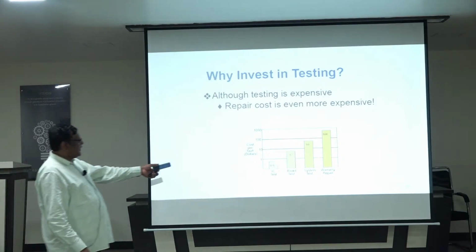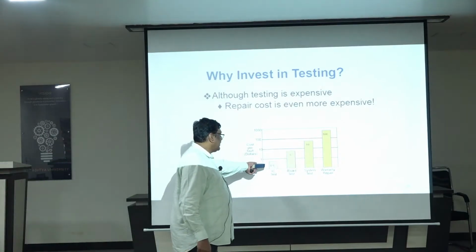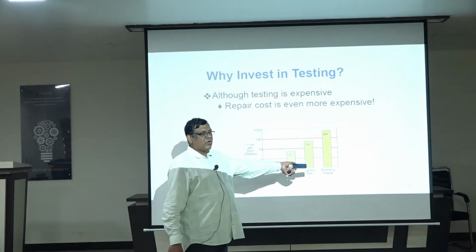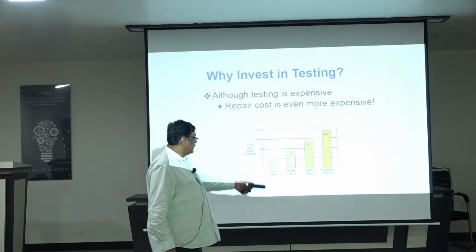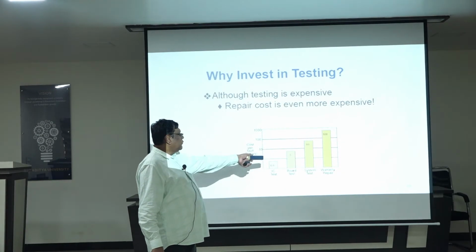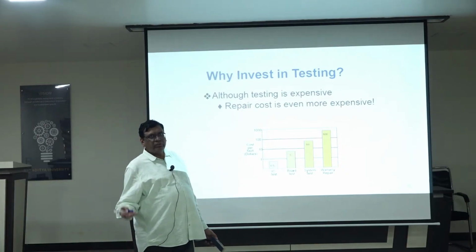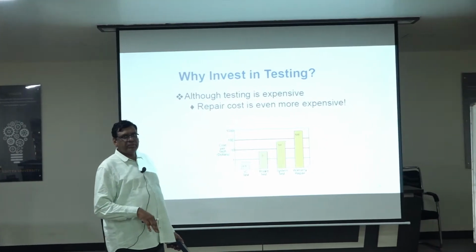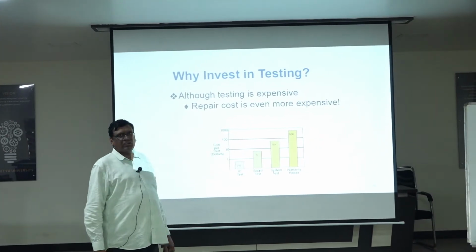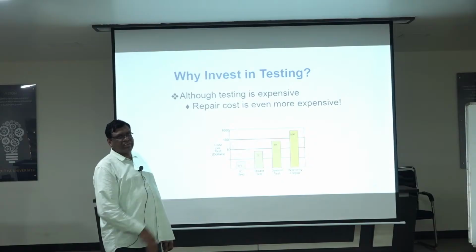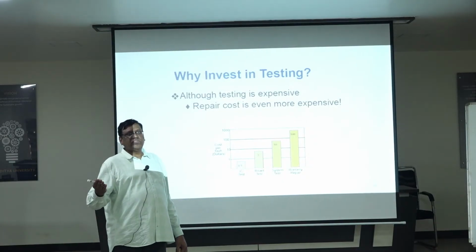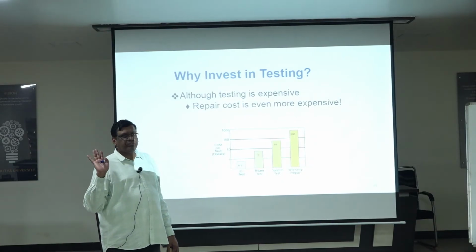If an IC is failing at this stage, cost will be very low. If it fails in the warranty period, cost will be very high. So it is only half a dollar here. But if it is in the warranty period, the product has come to you and you are using it, and at that time they want to replace it, it may cost them $500. That's very costly. Once it reaches the customer, if it fails, it is very costly.